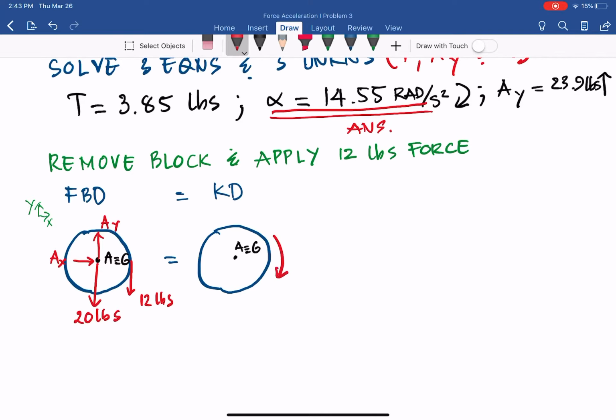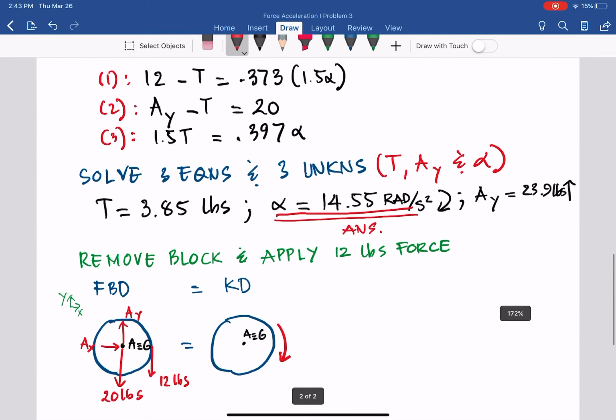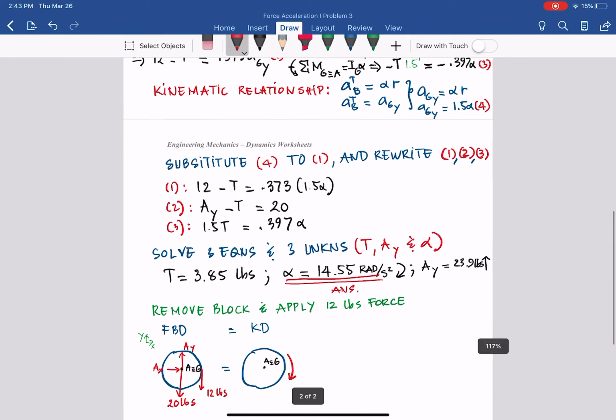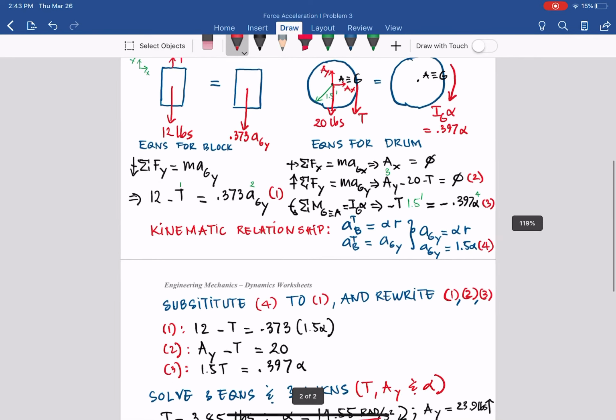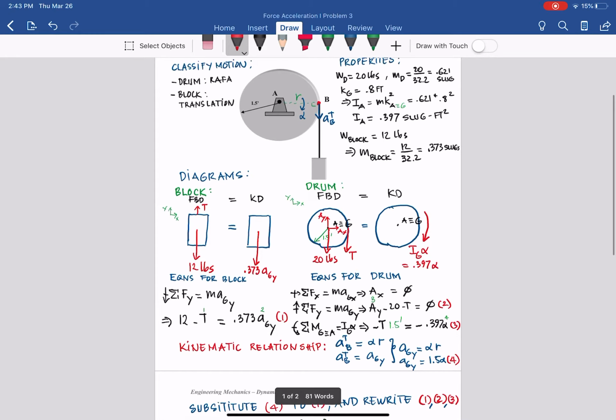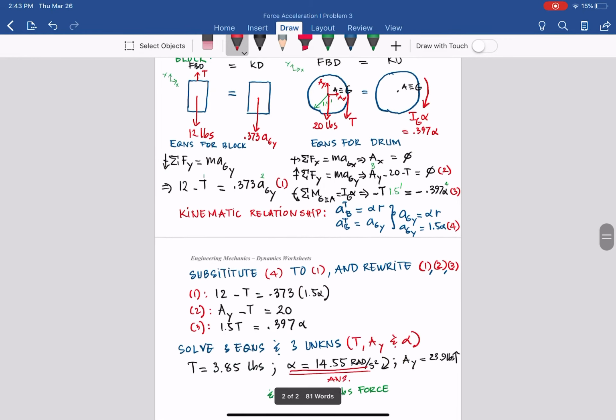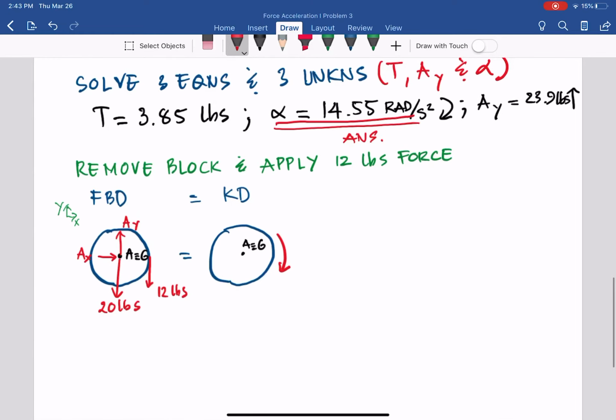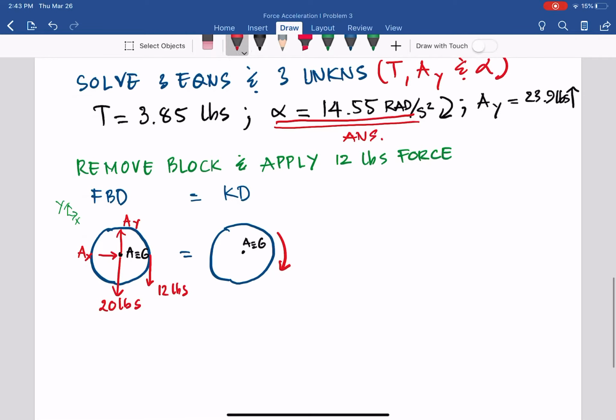So I_G alpha in this case, what is I_G or I_A? It will be 0.397, so I_G alpha equal to 0.397 alpha.